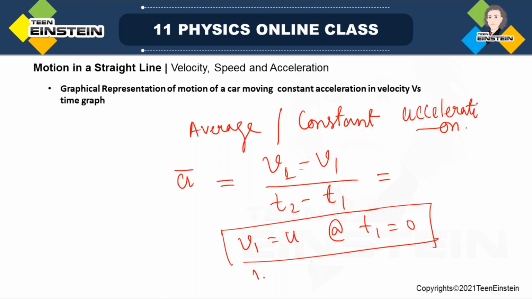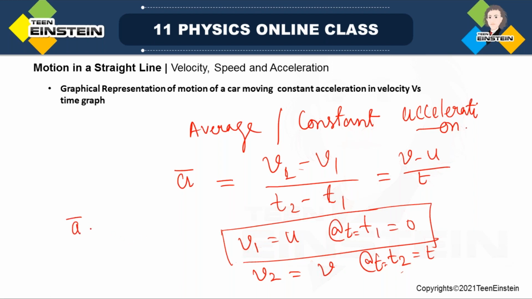And v2 I'll write as v at t equal to t2. So this average acceleration can be written as (v minus u) by t, since t2 is t.